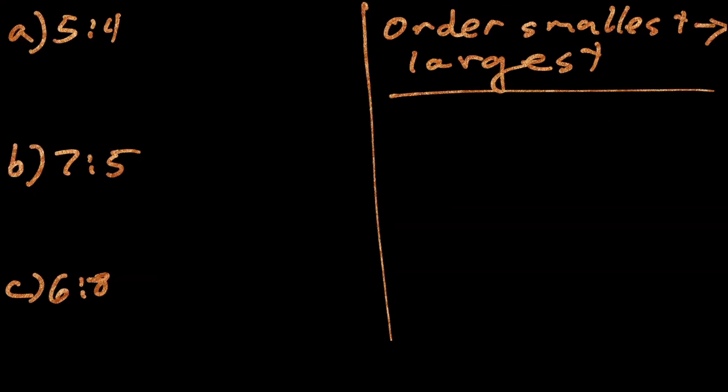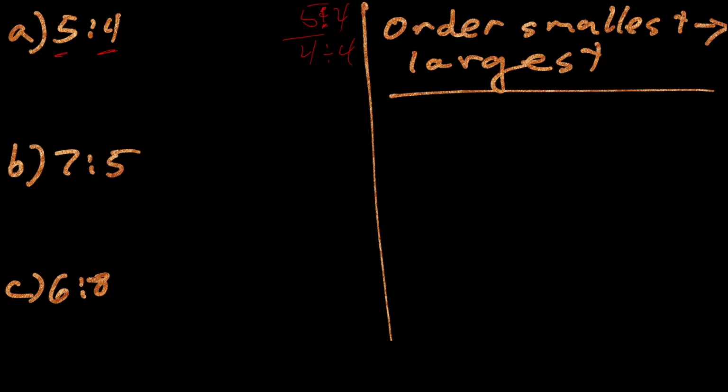Okay, so we're going to look at this a little closer now. I have a ratio of 5 to 4. If I want to find an equivalent ratio where the second term is 1, and then write it as a number, what do I mean? Well, I'm going to divide both of these numbers by 4, same as if we were looking at a fraction. Whatever I do to the bottom, I do to the top of the fraction.